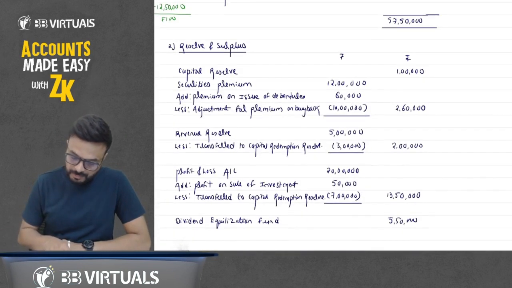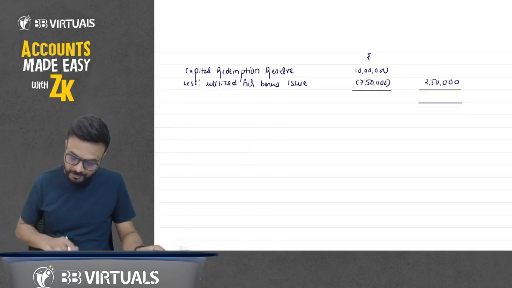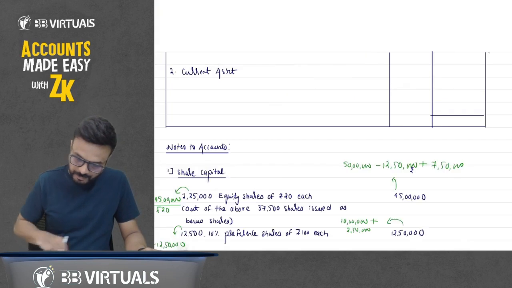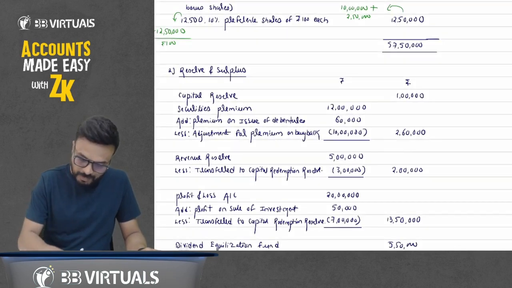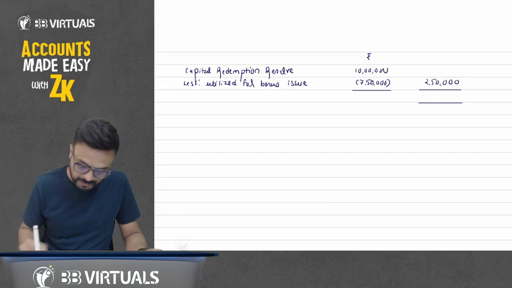So here it is 1 lakh plus 2 lakh 60,000 plus 2 lakh, then 13 lakh 50,000, 5 lakh 50,000, and here 2 lakh 50,000. So the total is, just 1 minute, 27 lakh 10,000.